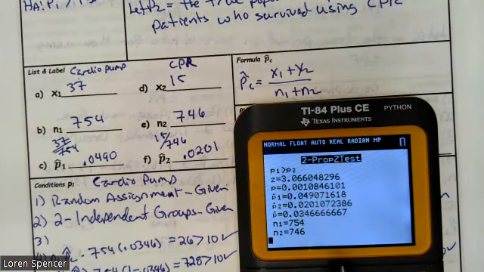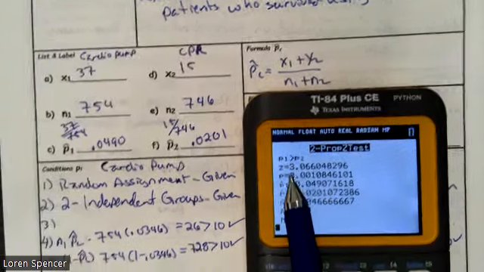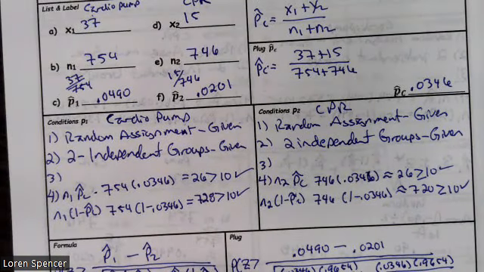And we calculate, and we get the probability of Z being greater than 3.066. Excuse me, not 3 point, but 3.0660.